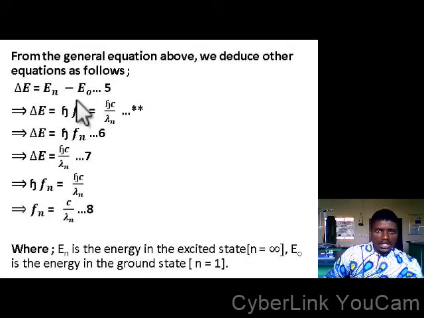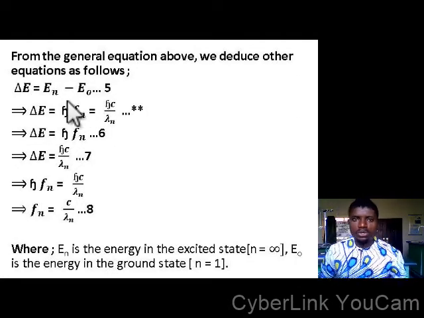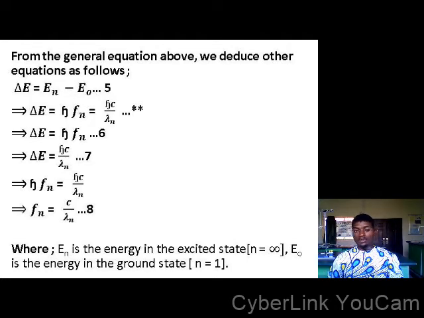So from the general equation above, we deduce other equations as follows. E minus E naught simply means change in the energy. So we call that equation number 5. And so change in energy is equal to h times f_n, which equals h times c all over the wavelength. Equation star star.